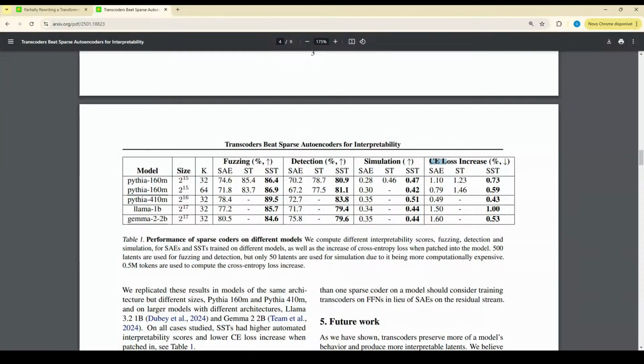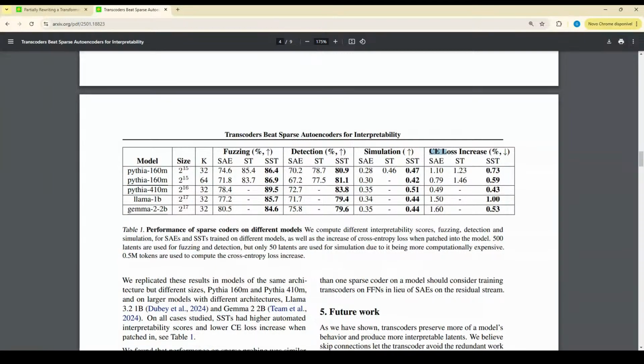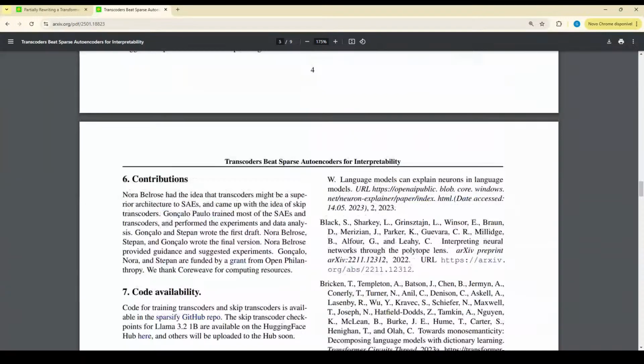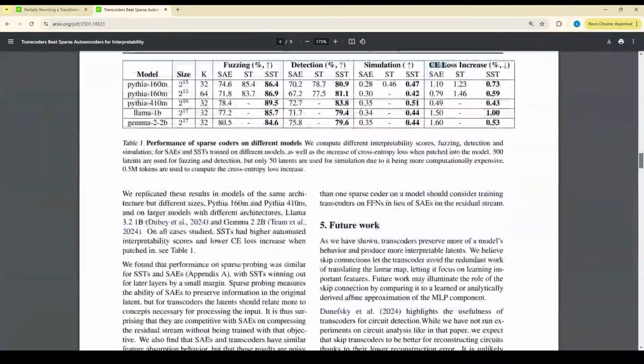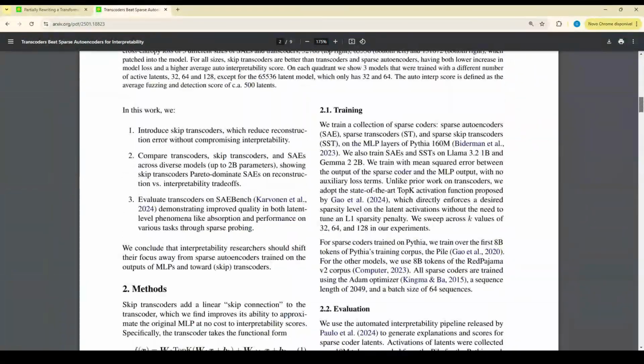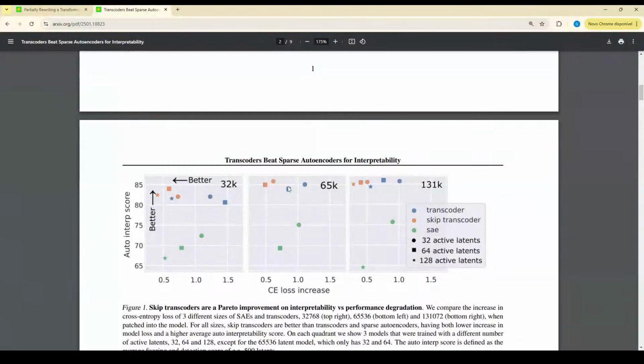Even if you don't want to train a skip transcoder, most of the times the transcoder is both more interpretable and close enough to the increase in loss that you'd probably want to do a transcoder.